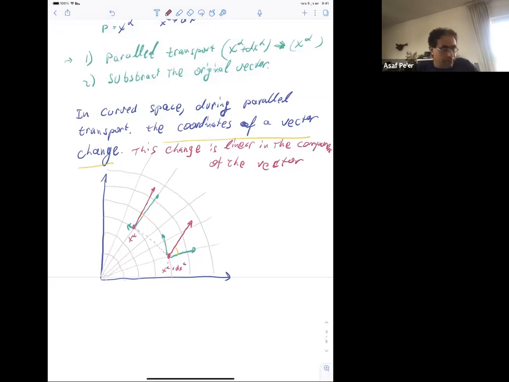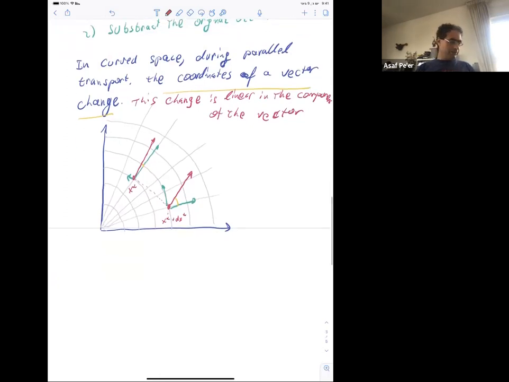So if it's linear, that means we should get something that looks like d beta v alpha is just d v alpha over dx beta plus some extra term, which I denoted with gamma bar, which is linear, so it will be gamma bar alpha beta gamma times v gamma.